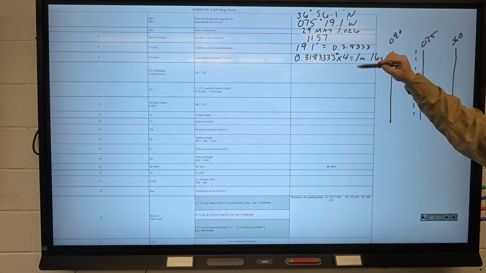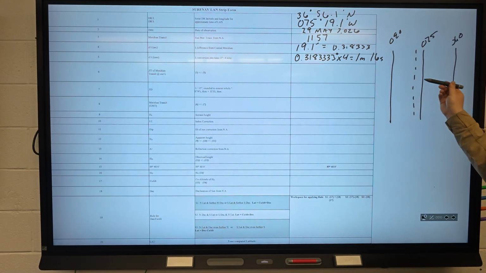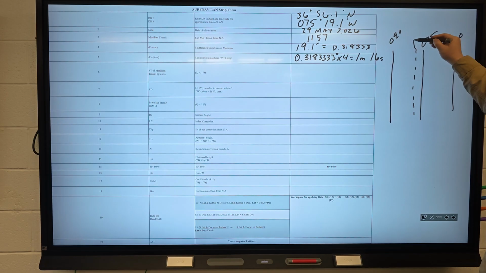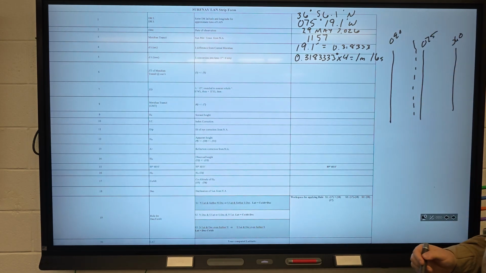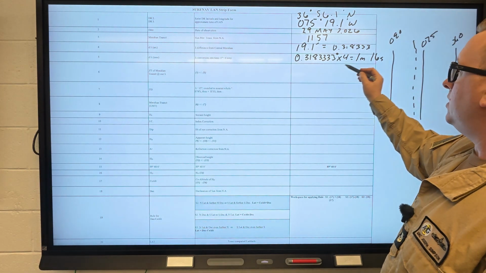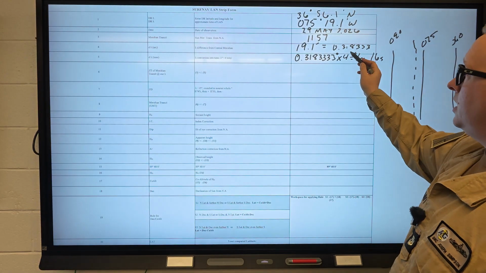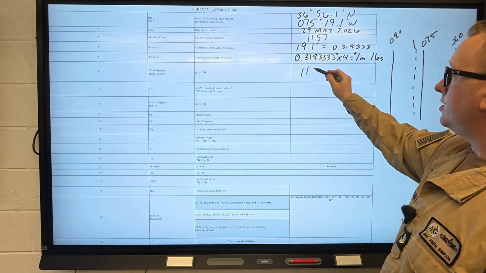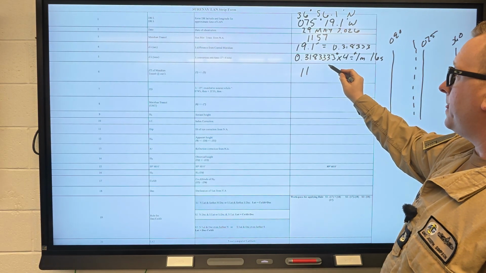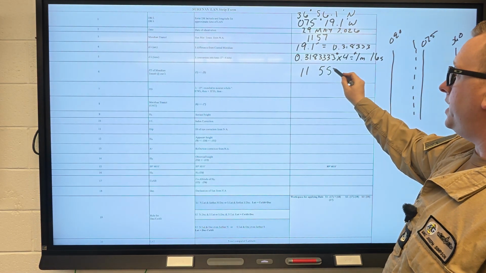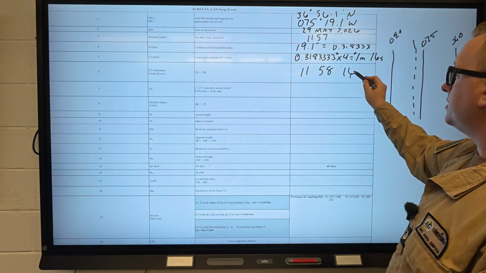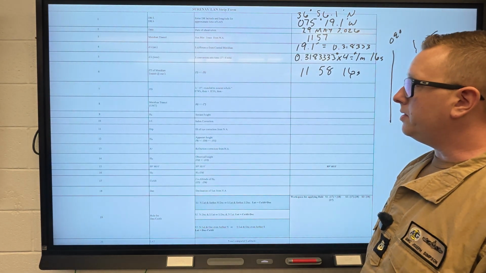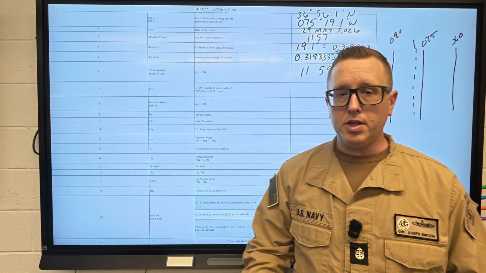We use 075 to find the difference. We have to add to get to us. So this would be plus: 11:57 plus 1 minute and 16 seconds is 11:58 and 16 seconds.